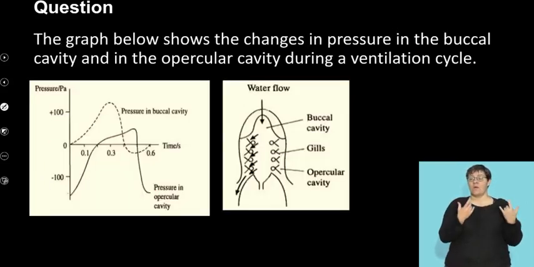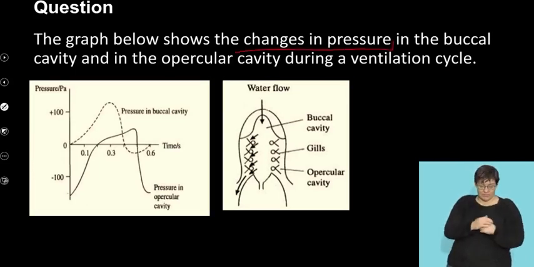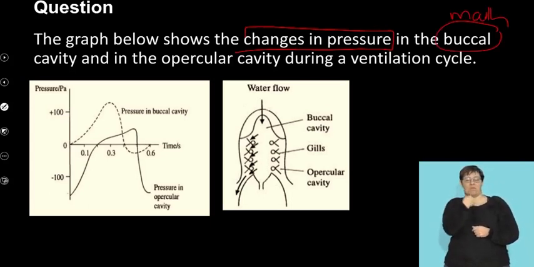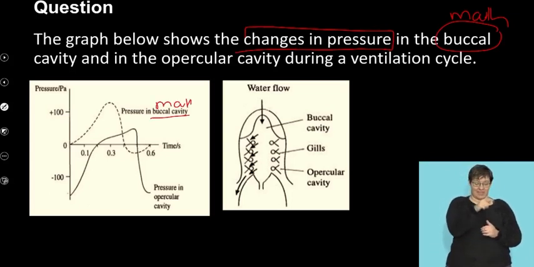Now we have a diagram where we link. The graph below shows the changes in pressure in the buccal cavity. Now what does buccal mean? Buccal is another word for mouth. So over here, this buccal is going to be the mouth, and the opercular cavity.